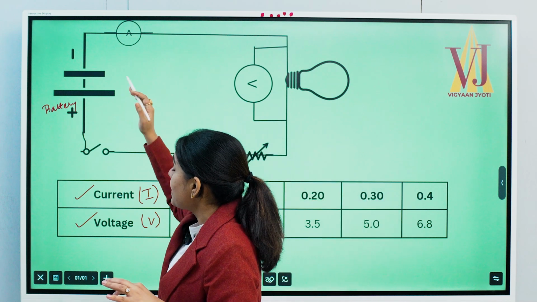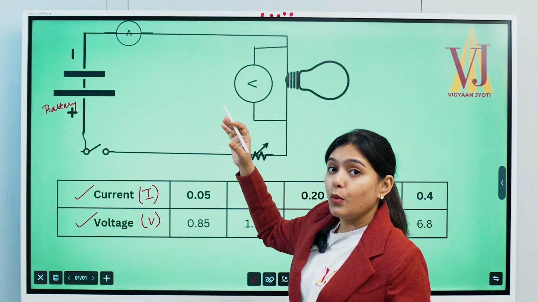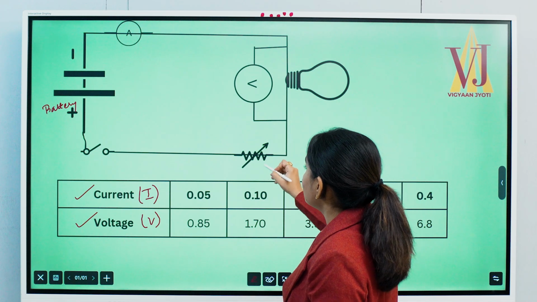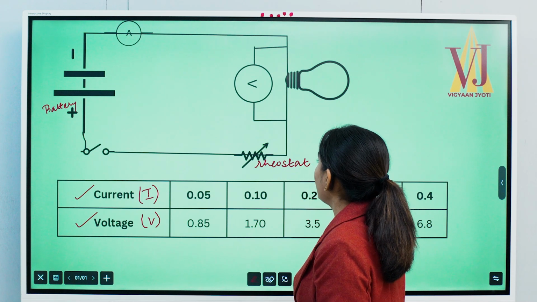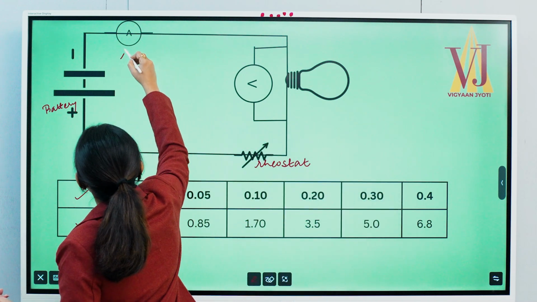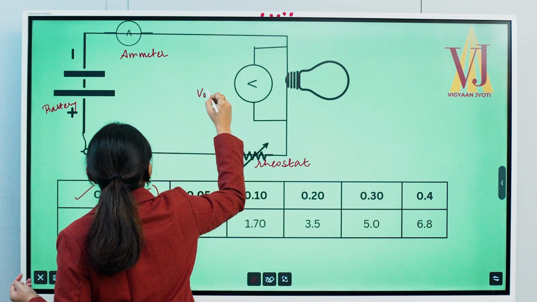This is the battery, this is the switch, and here is the bulb, the electrical appliance that we want to use. This is a rheostat, as discussed, this is my ammeter, and this is my voltmeter.